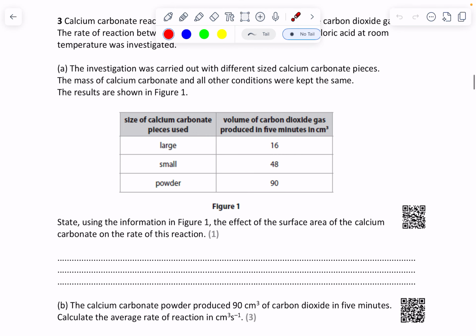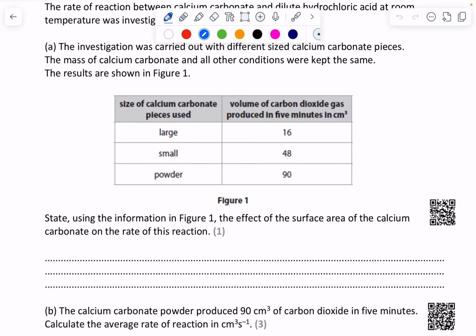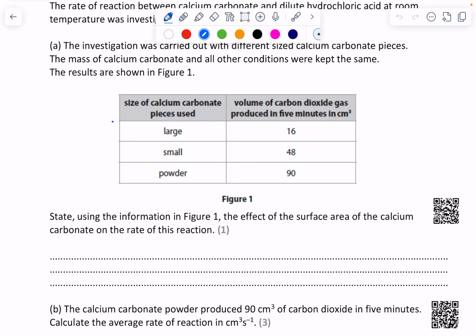So the first question says, state the effect of surface area on the rate of reaction. So here, as you go down this list and the particles get smaller, actually what's going on in there is the surface area is increasing. And therefore, as the surface area increases, the rate of reaction goes faster.